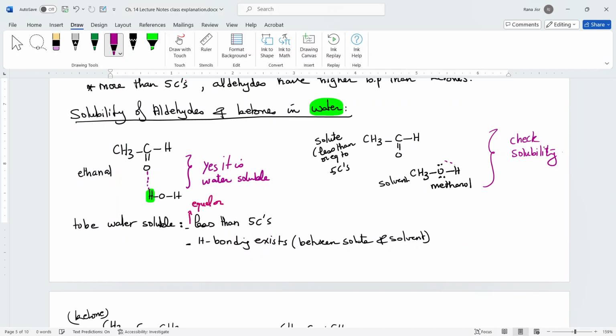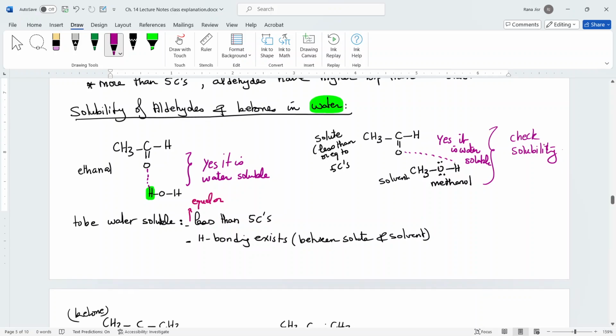So I do have hydrogen bonding here between the hydrogen and the oxygen. And my aldehyde is less than 5 carbons. This is very important to check, because if it is more, then the solubility is going to decrease. So pay attention to that. Same thing as ketones. So here, yes, it is water soluble.